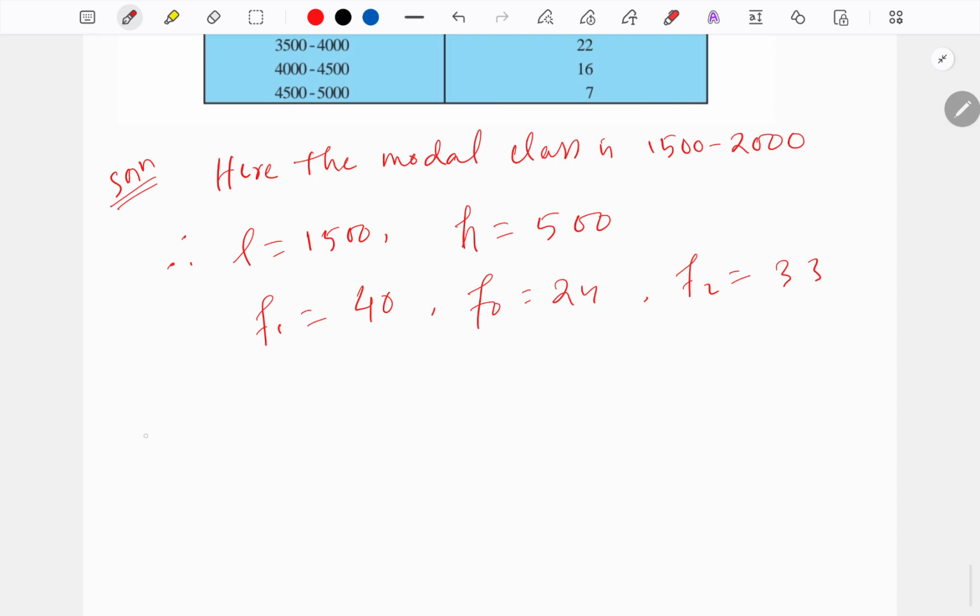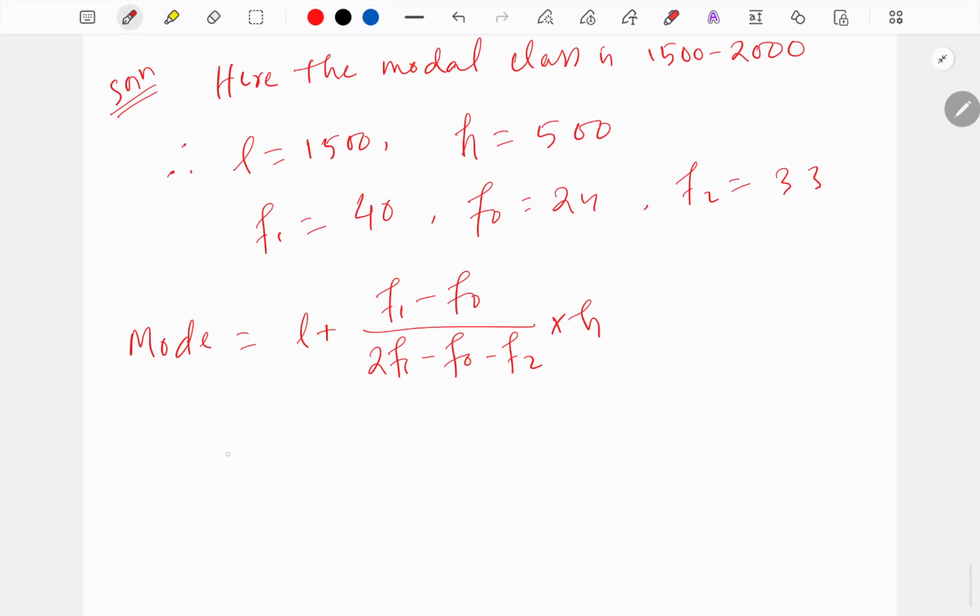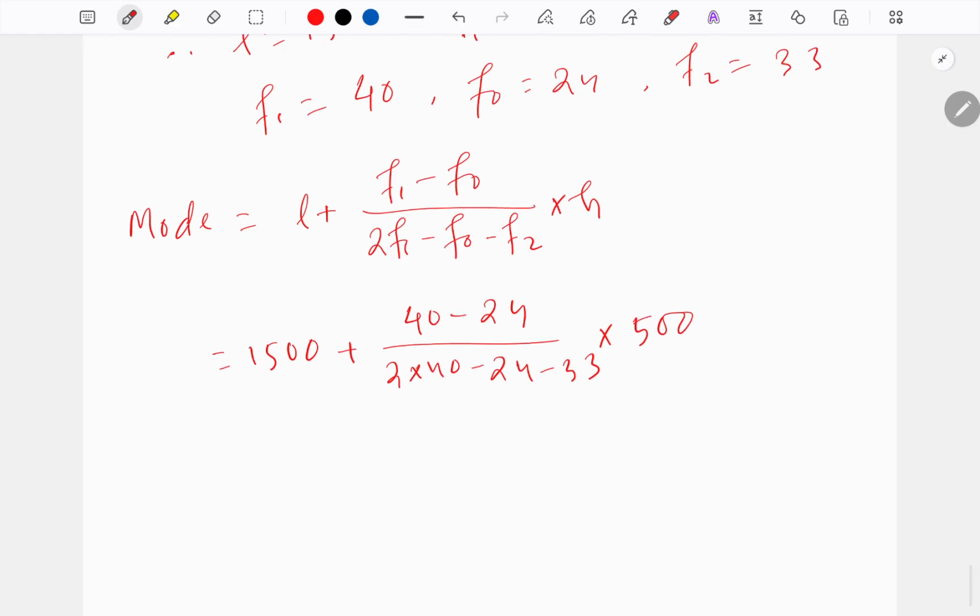Now we just need to write the formula. So mode equals to L plus f1 minus f0, 2 into f1 minus f0 minus f2, into h. So now we just need to put the values and find the answer. f1 is 40. f0 is 24. 2 into 40 minus f0 is 24 minus f2 is 33, into h is 500.